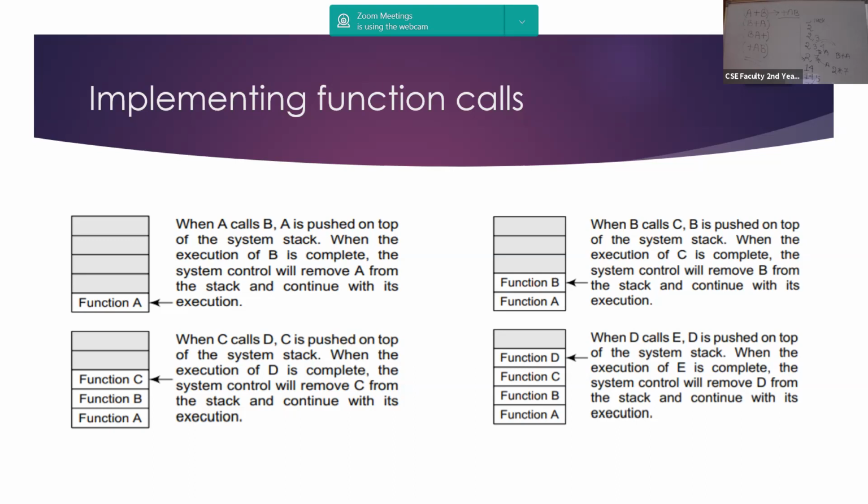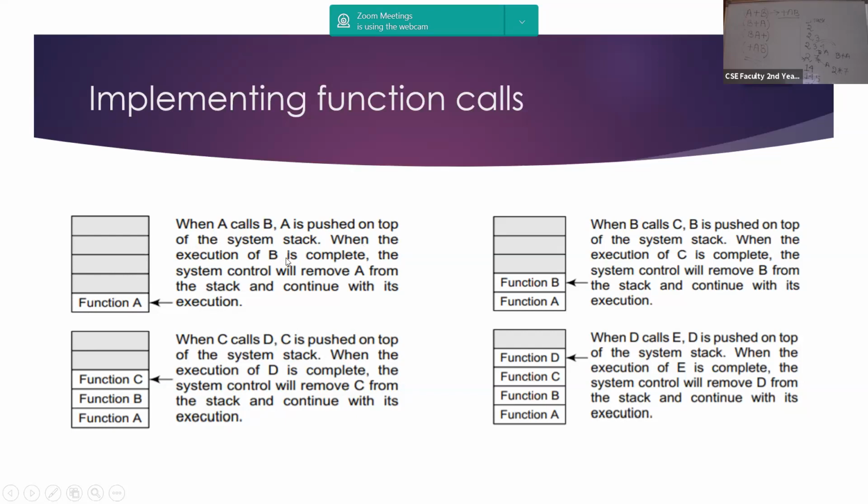Now suppose you have written a function A. And for implementing that function A, this function A needs another function B. So function A will call the function B. So when A calls B, A is pushed on top of the system stack.